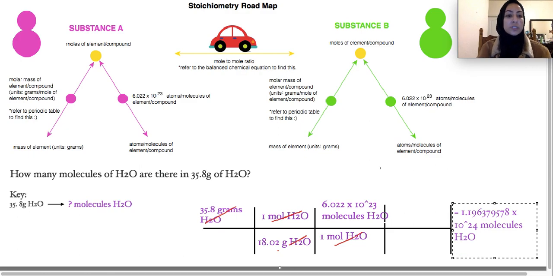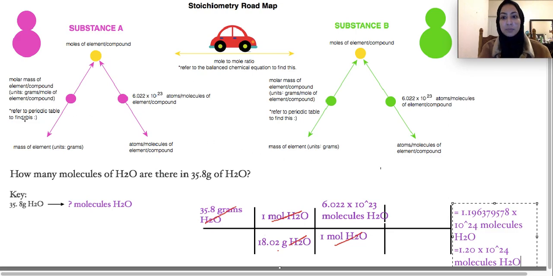Okay, remember significant figures though. I have 3 significant figures here, and I have 4 here, and I have 4 here. So I always go by the least number of significant figures. So in this case, it'll be 3. So I'm going to round my answer to 1.20 times 10 to the 24th molecules of H2O. And that'll be my answer.